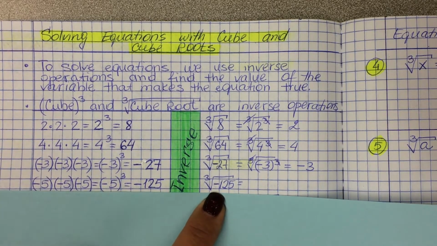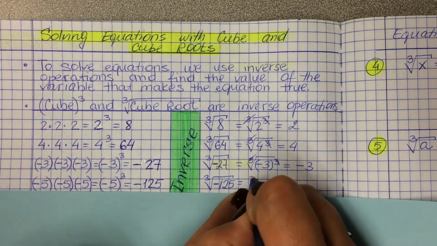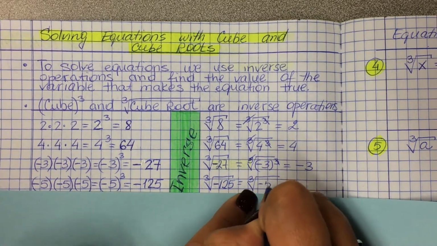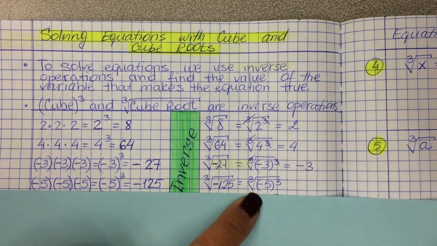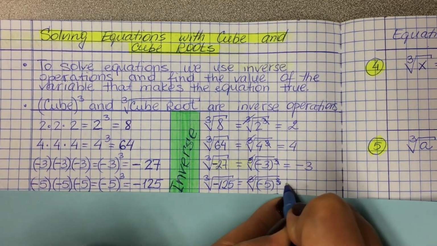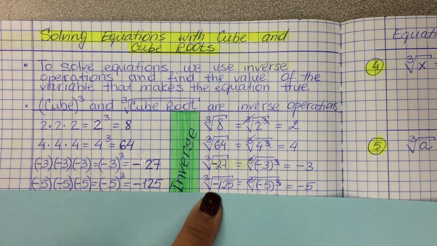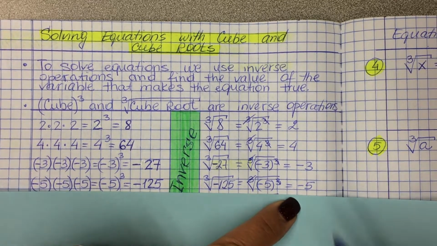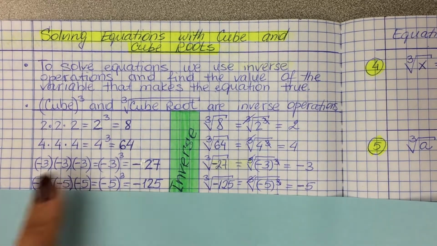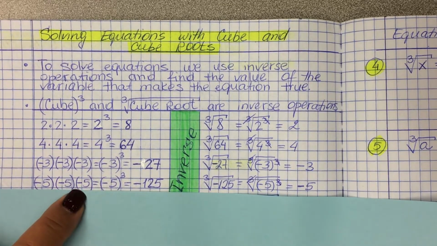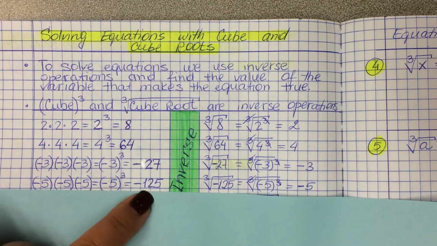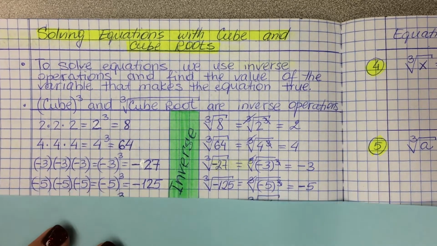The inverse operation, the cube root of negative 125, can be written as the cube root of negative 5 to the third power, and then we show that cube root and cube are inverse operations. So therefore, the cube root of negative 125 equals negative 5. Why? Because negative 5 times negative 5 times negative 5 equals negative 125.